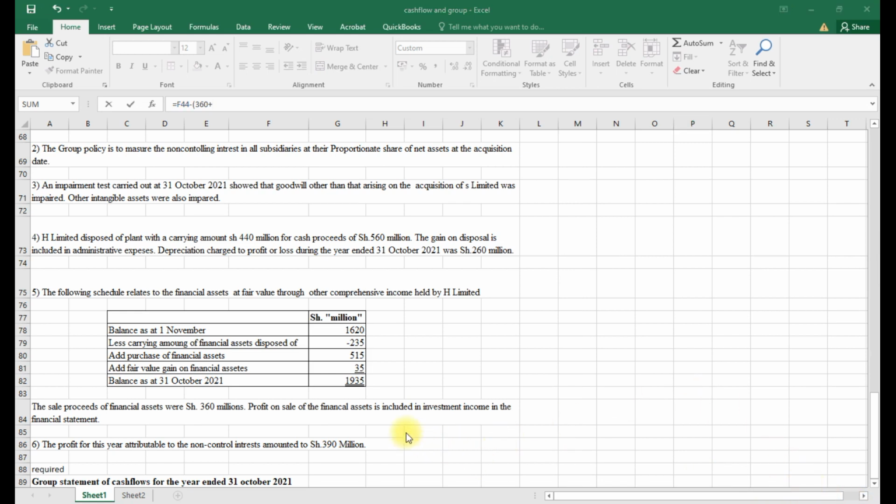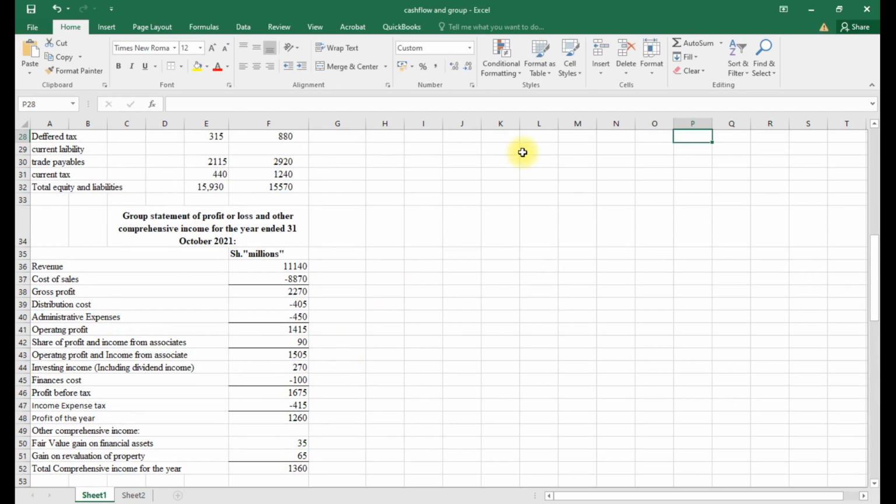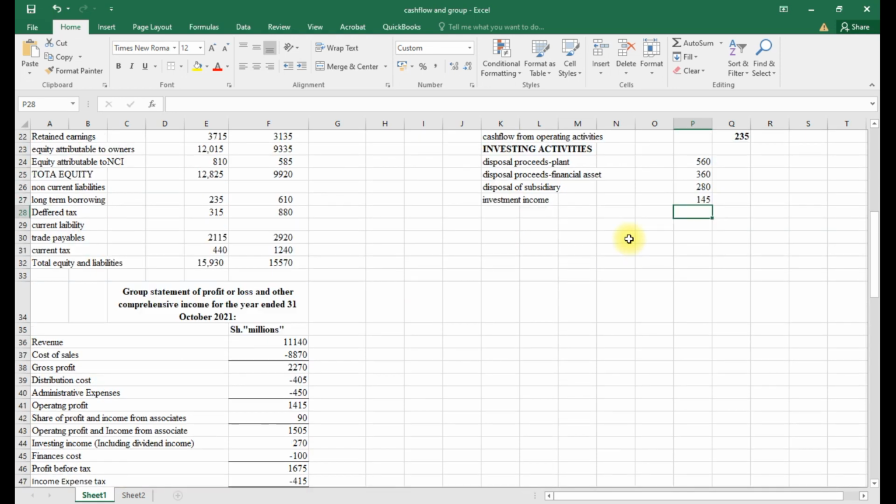So the gain will be 360, and I minus these, so I will add this value because already it's minus, and I close the bracket and I enter, whereby it will give me the gain of 145 from the investment income.